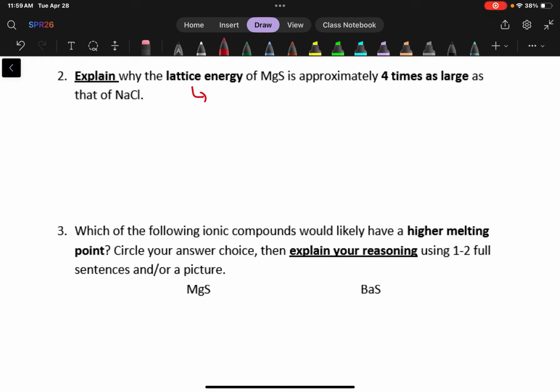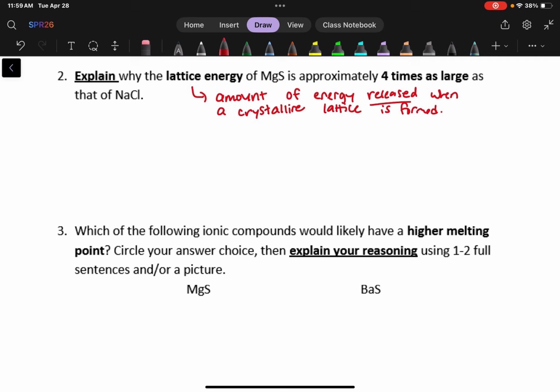So remember that the lattice energy is a measure of the amount of energy that is released when a crystalline lattice is formed.